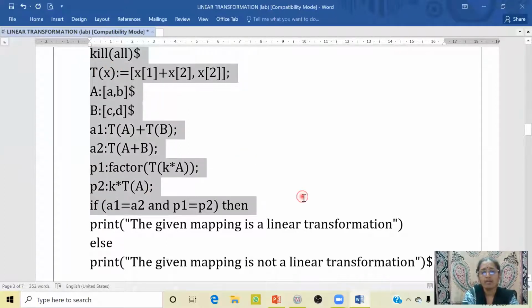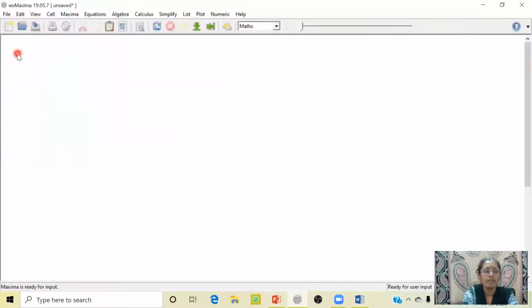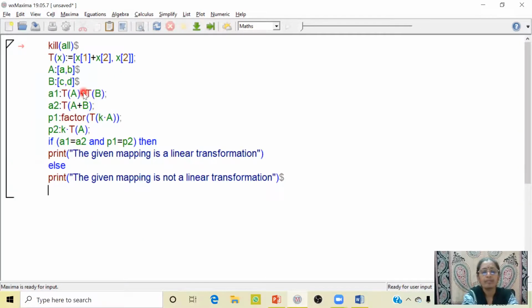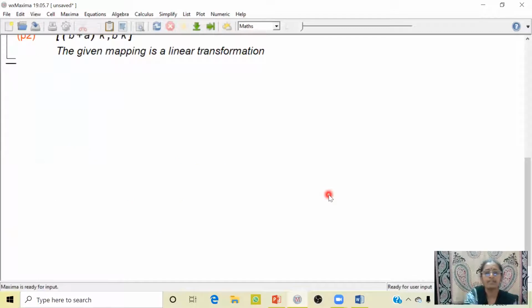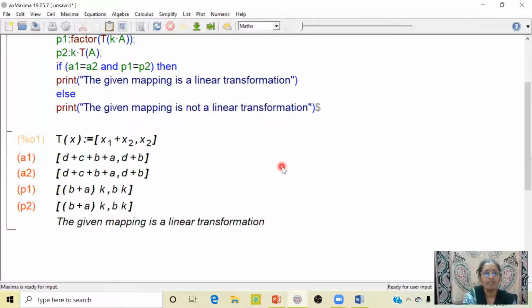So let us copy this code and take the Maxima window, paste it there, and let us execute this using the Shift Enter buttons, and we can see the output here, and the output is given by T of x, that is the transformation x1 plus x2 comma x2, and A1 and A2 are one and the same, and P1 and P2 are one and the same.